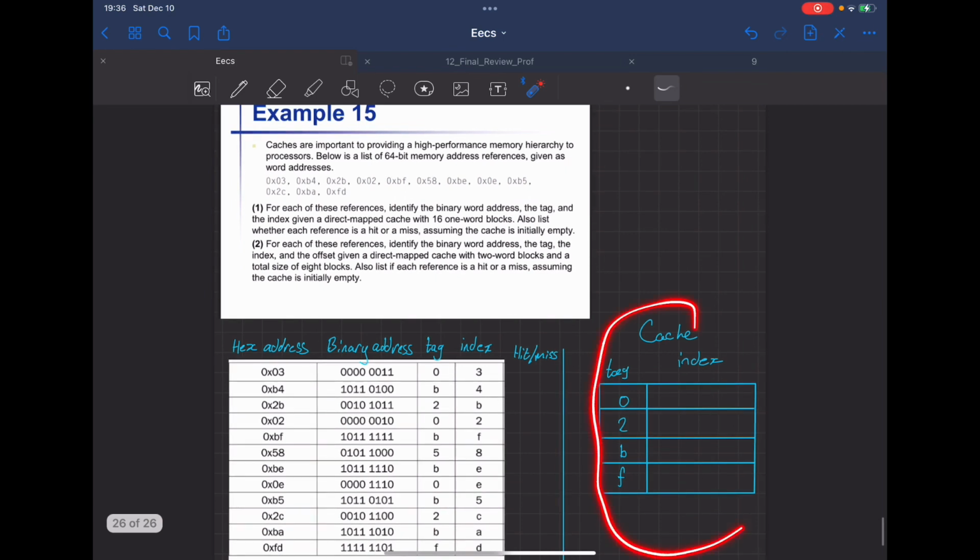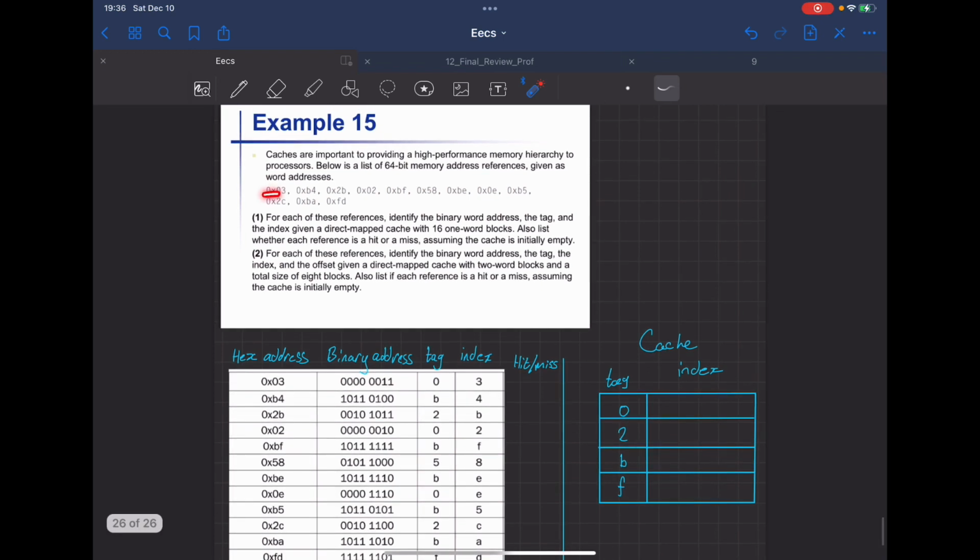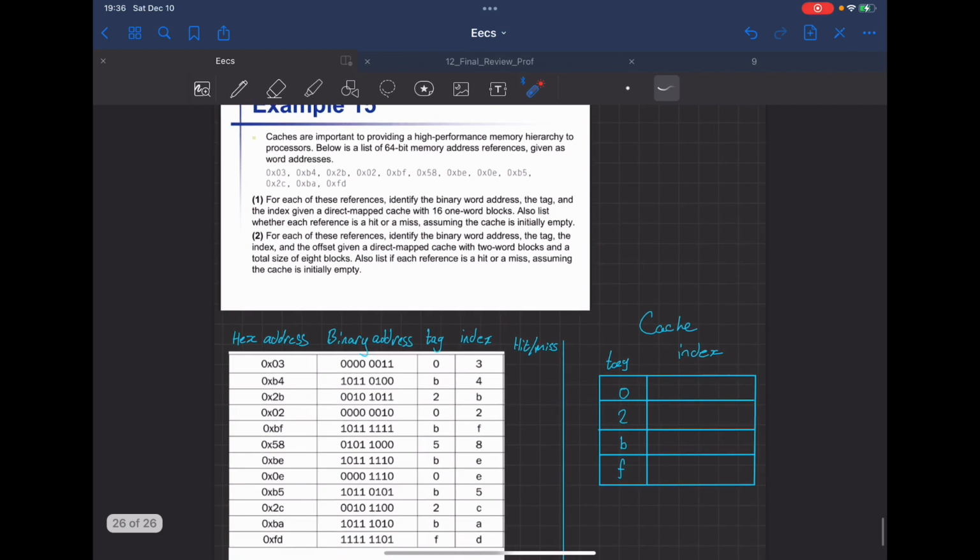Okay, so here I have the cache. I'm assuming it's empty. Going forward, we're just going to take all of these addresses, and they're in hex. You can go from hex to binary, right?